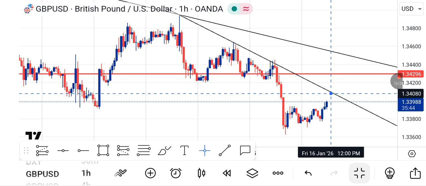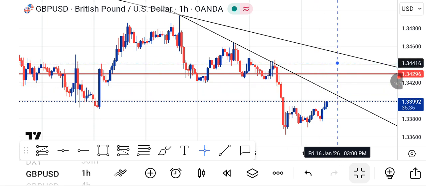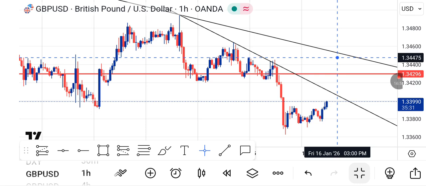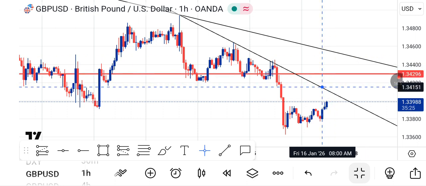For a trending market, for a selling market, a trend line serves as a what? As a resistance. This one too as a resistance. When it's in a buying phase, it serves as a support, trend line support. So this one now is trend line resistance.